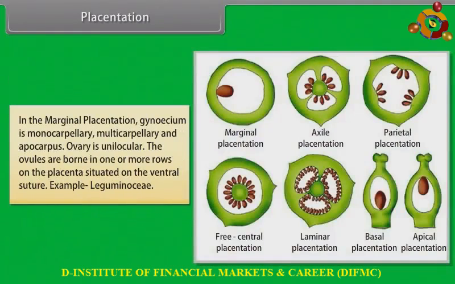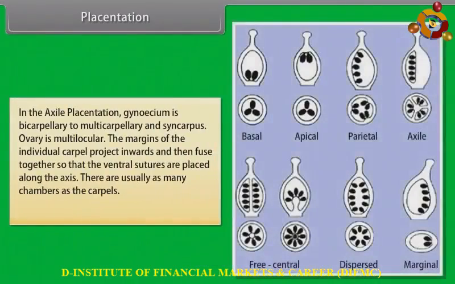In the marginal placentation, gynoecium is monocarpellary. Ovary is unilocular. The ovules are borne in 1 or more rows on the placenta situated on the ventral suture. Example: Leguminosae.